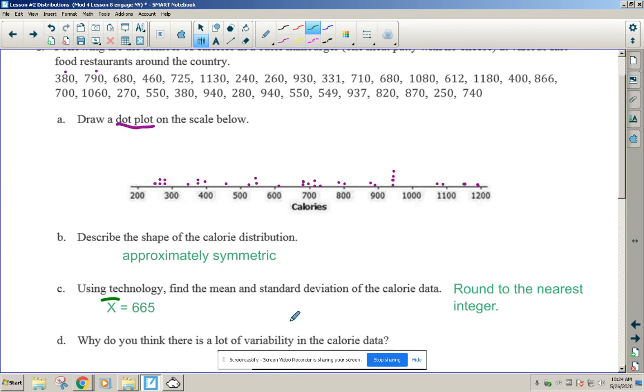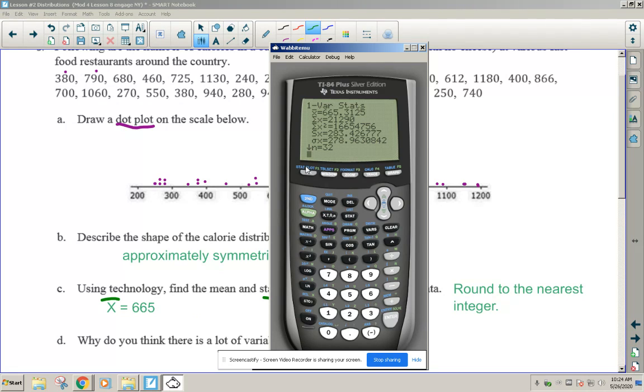Now here's the thing, they ask you for the standard deviation. Now they want the actual standard deviation. Now look back at your calculator. This is the mean. This here means the sum. When you added up all the pieces of data, there's that sum symbol again that we used back in chapter 6.